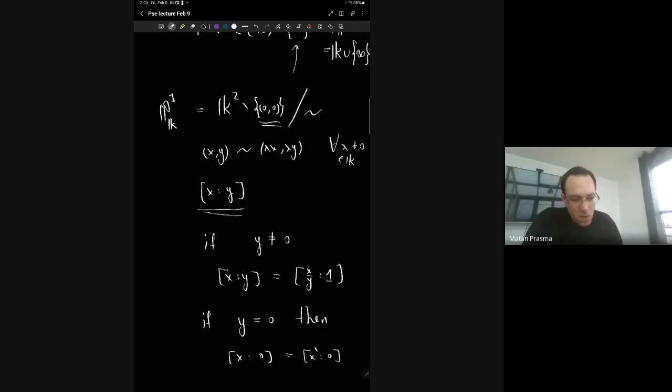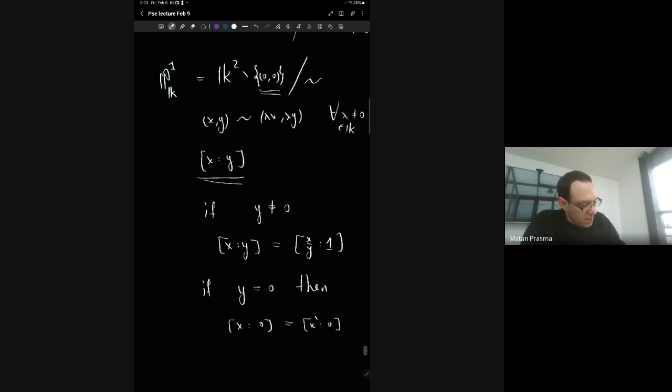Okay, so what I'm saying is these are called the finite points, or the affine or finite points in the projective line, and then I have just one additional point, which I call the point at infinity.